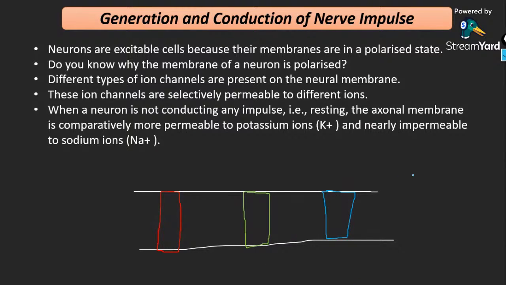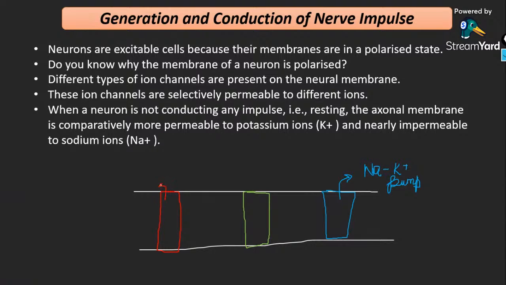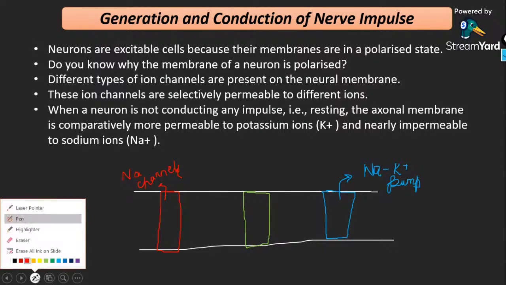I have drawn three channels on the screen. Channel number one is the sodium potassium pump. This channel is the sodium channel. We find the use of all these ion channels in this particular nerve impulse conduction.